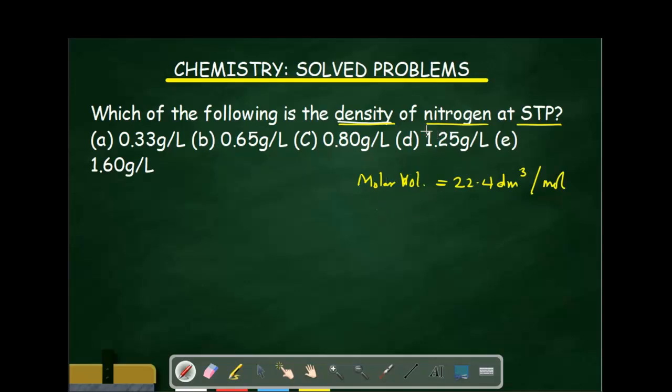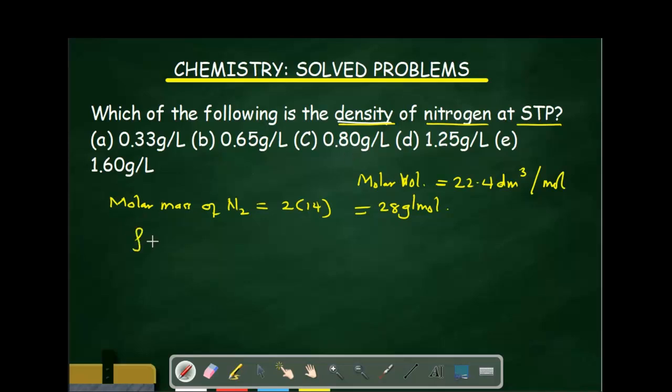Now, at this STP, the molar mass of nitrogen is 2 times 14, because nitrogen is N2. One atomic mass of nitrogen is 14, so 2 times 14 will give us the molecular mass of nitrogen gas, which is 28 grams per mole.